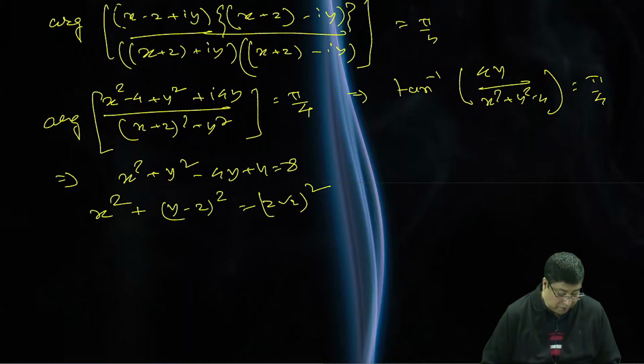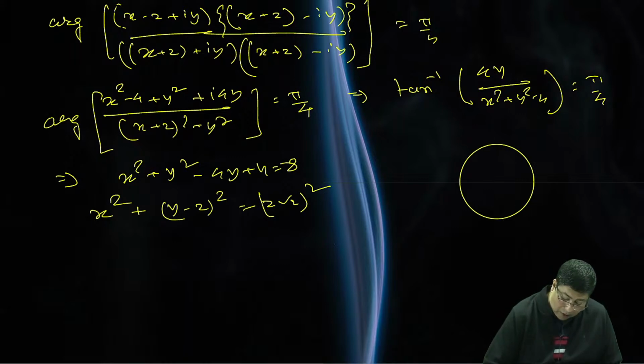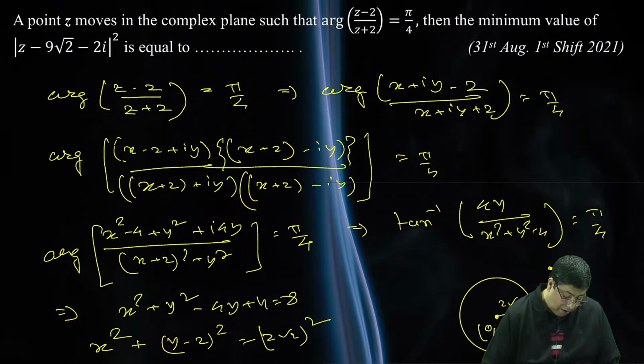Now, this is the circle with center (0, 2) and radius 2 root 2, and this is the point (9 root 2, 2), which is obviously outside.